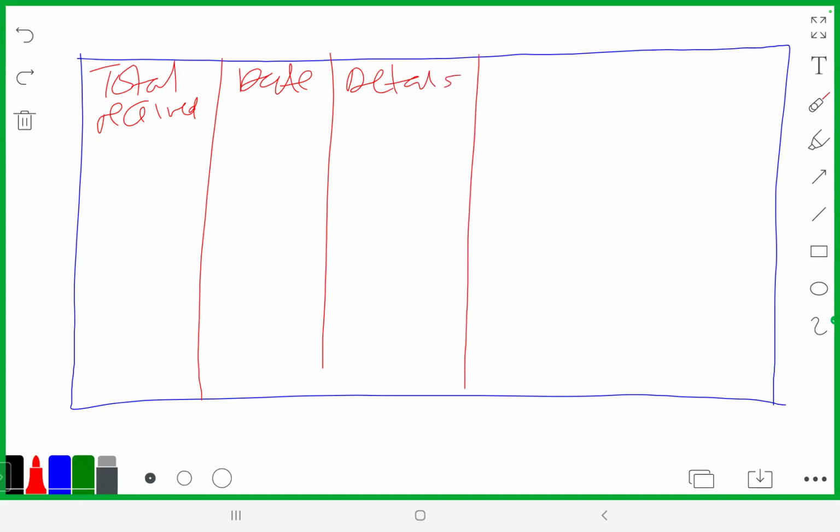And from the details, you have the analysis columns for the totals paid. Here you record the total amounts paid. And then there is an analysis column. When you are making payments, the expenses that we are incurring are grouped into several groups.